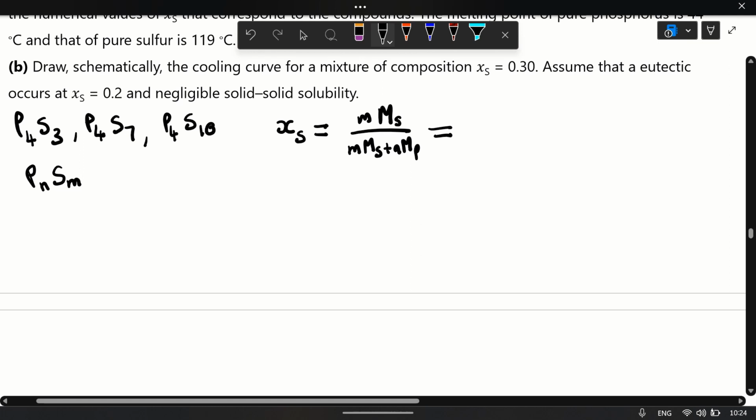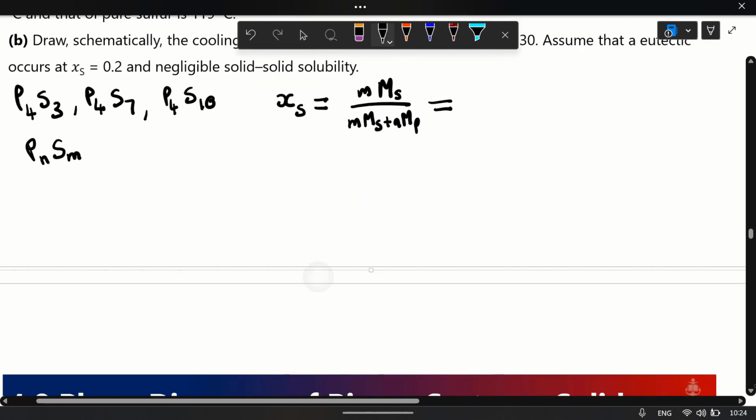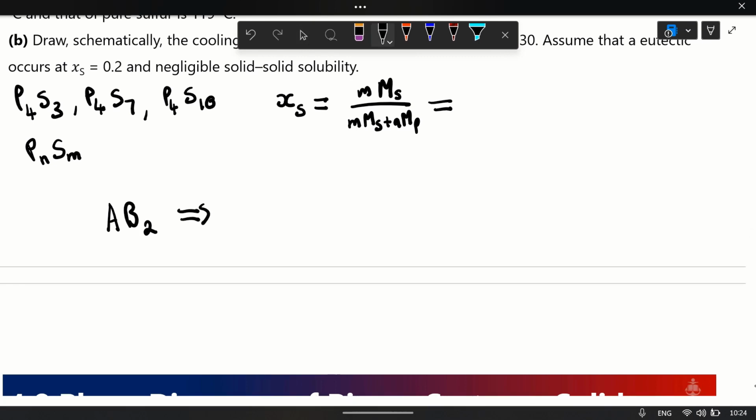Normally we use AB, and then you can just say the numbers. So if we had, for example, AB2, we would just say the mole fraction of A would be 1 over 1 plus 2, which is equal to a third.